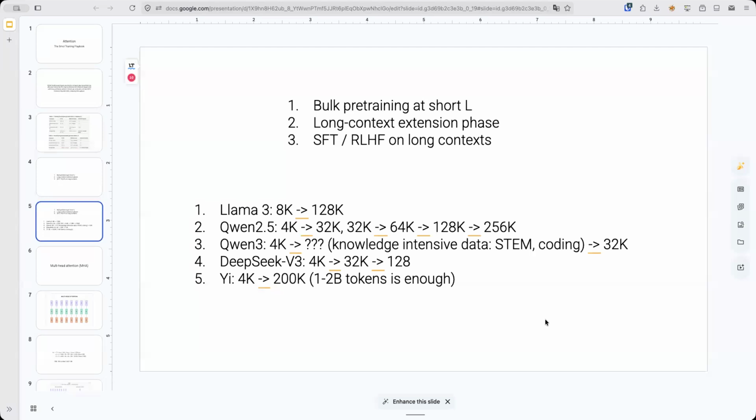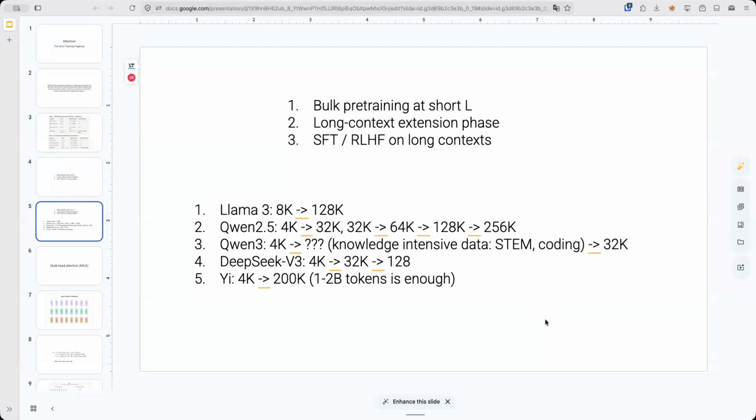I believe they start with 32K because it's kind of continuous pre-training over the Qwen 2.5 base, though I don't really remember. Qwen 3 goes from 4K to, well, they don't disclose the context length. I think it's probably the same, but they call it knowledge-intensive data with STEM encodings, very high quality data. And then they extend the training phase to 32K context length.